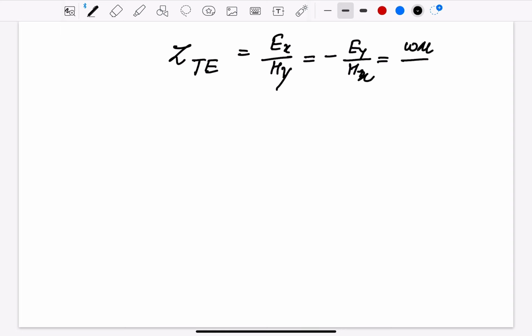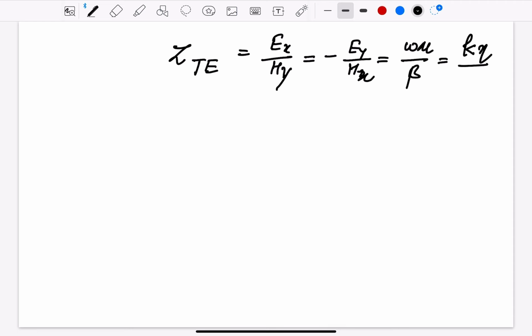Now another part is that, in a similar way to what we did for the TE mode, we are supposed to define the wave impedance once again. So how can we define the wave impedance? This is ZTE, and we saw Ex over Hy, also minus Ey over Hx, is equal to ωμ over β, and kη over β.